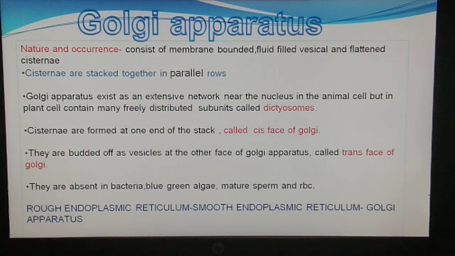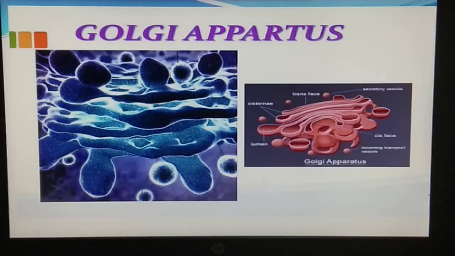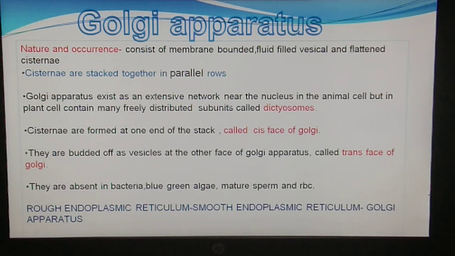So in this point you can read that the Golgi apparatus exists as an extensive network near the nucleus. So it is present near the nucleus, students. You can see here, these are the Golgi apparatus which are present near the nucleus.